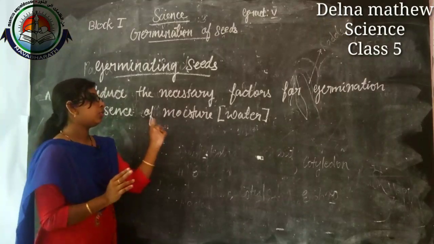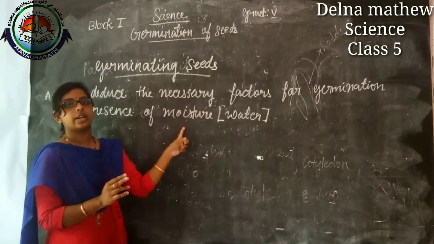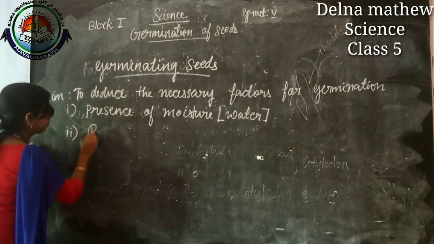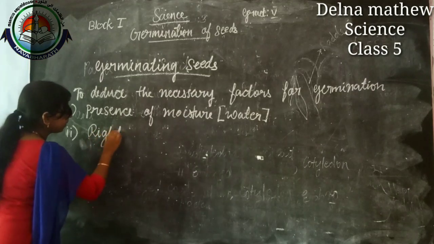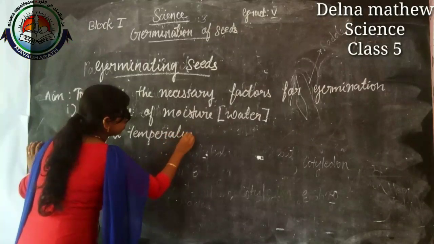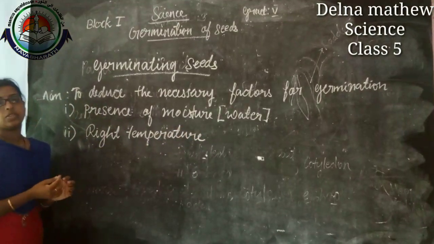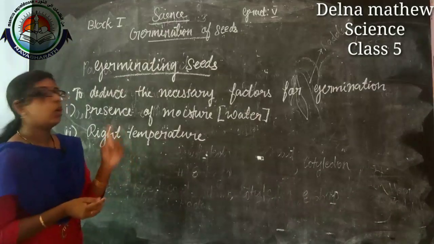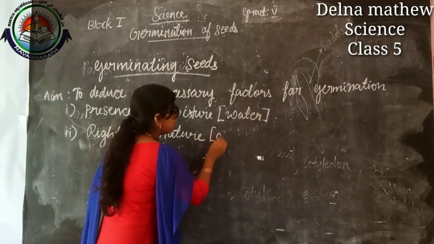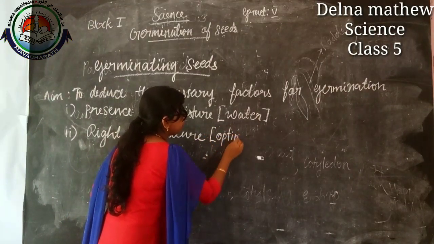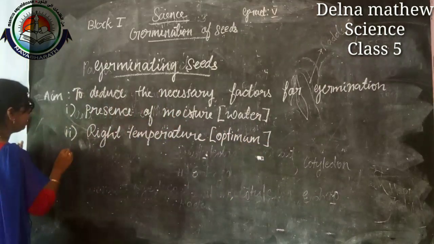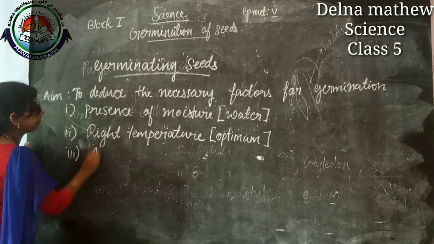So for germination, one of the necessary or essential conditions is presence of moisture, and the second one is right temperature, or optimum temperature, temperature in its optimum range. And the third one is air.